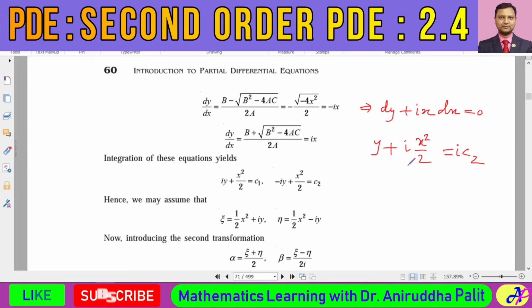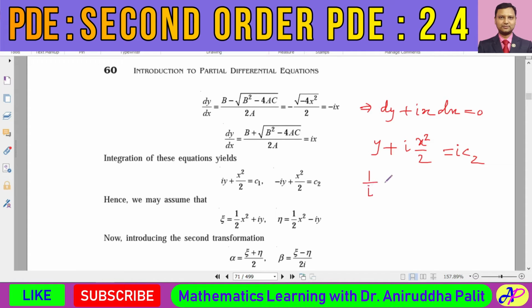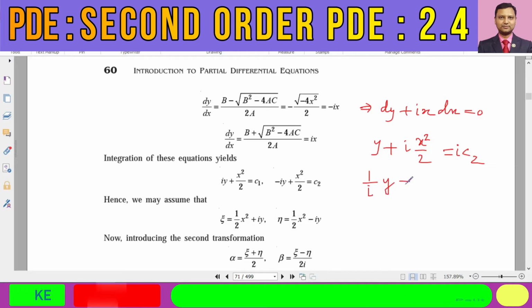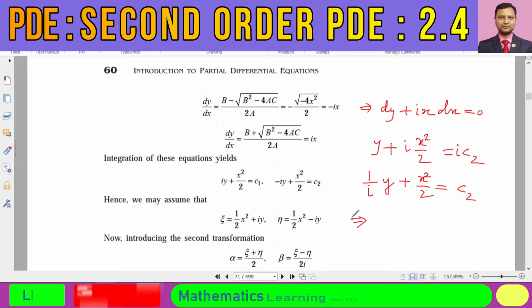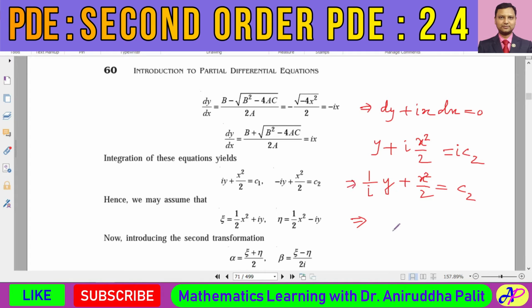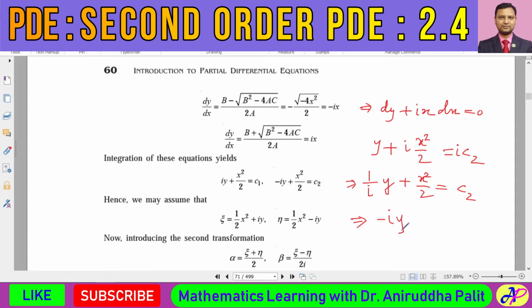And if we divide this expression by i, in that case we shall have 1 by i into y plus x square by 2 is equal to c2, and 1 by i means minus i into y plus x square by 2.